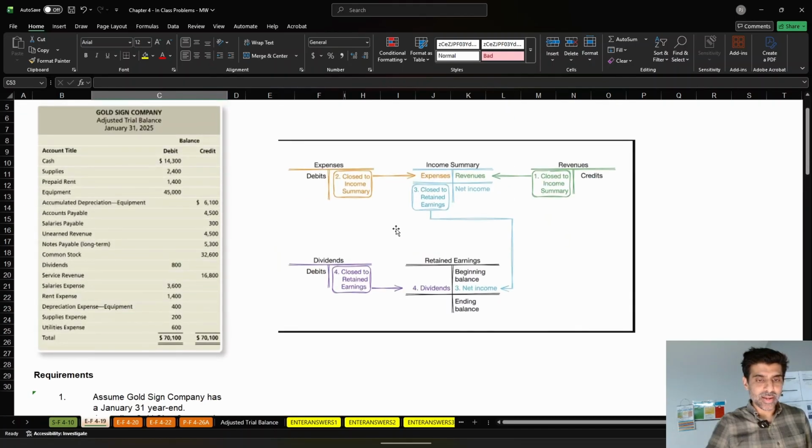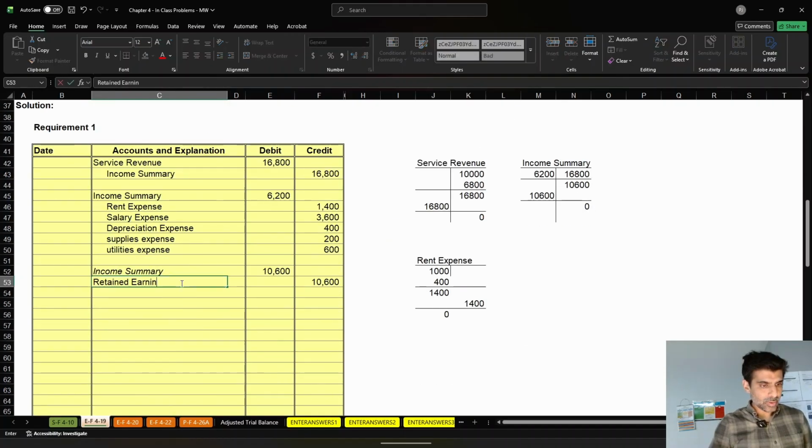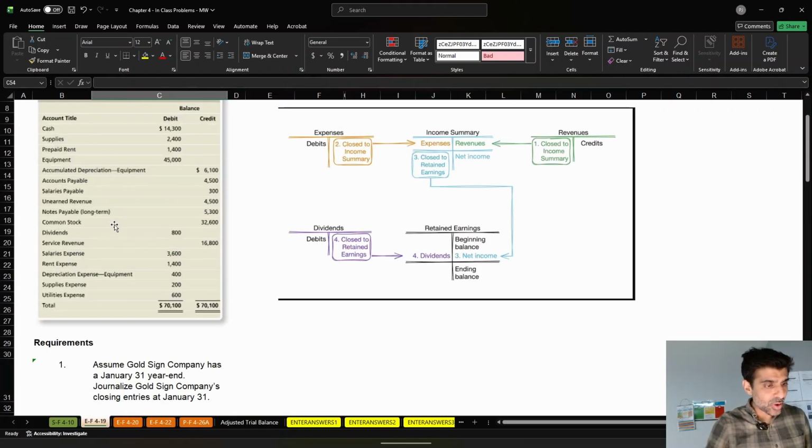If we look up here to our diagram, I just did this, debit to income summary. We see the credit goes to retained earnings. Okay, so this is part of that update. In this case, it looks like there is no beginning balance for retained earnings.